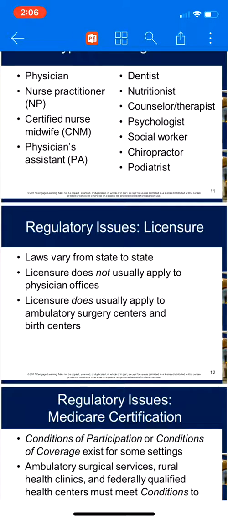So, licensure. Laws vary from state to state. Licensure does not usually apply to physician offices, and licensure does usually apply to your ambulatory surgery centers and your birthing centers.